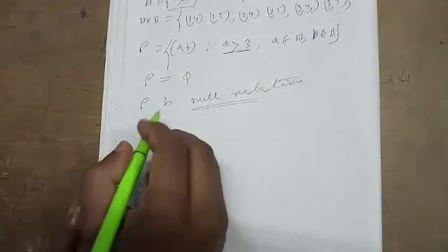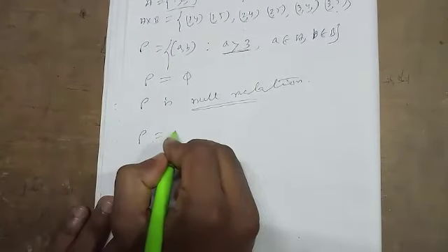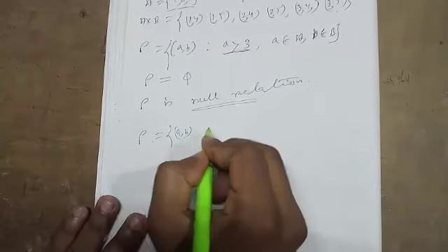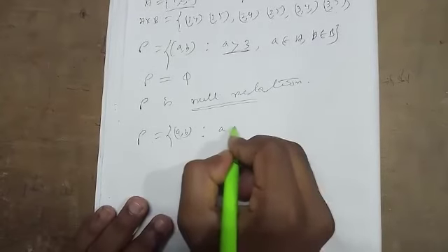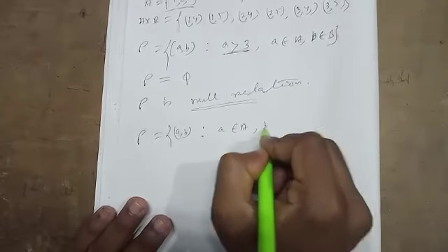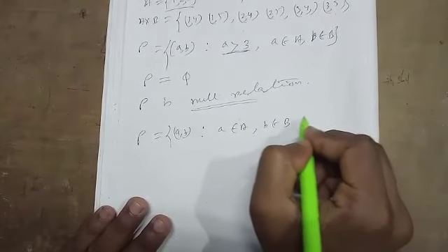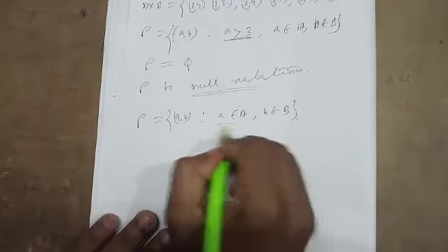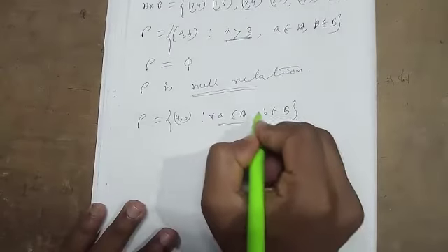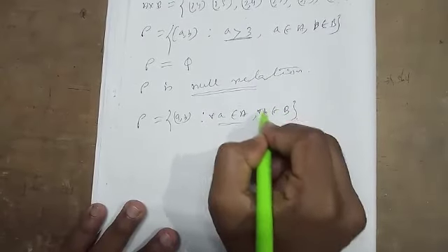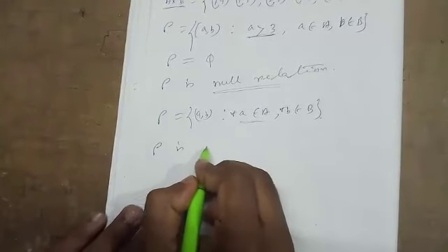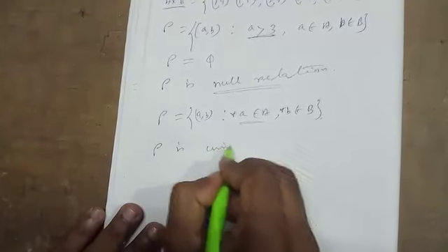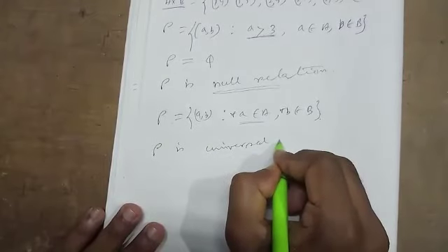Now the universal relation. Suppose a relation is defined as rho equal to (a, b) such that a belongs to A and b belongs to B. That means for all a in A and for all b in B, rho contains all the elements of A cross B. In this case rho is said to be the universal relation.